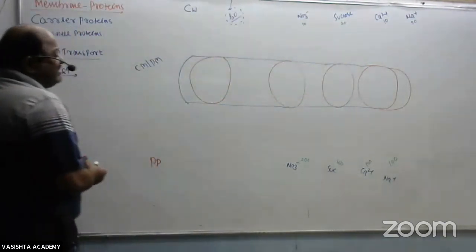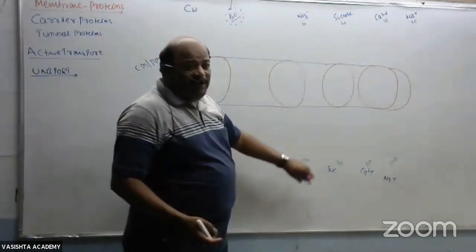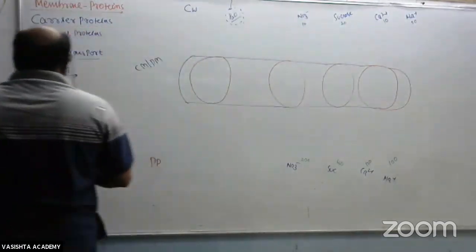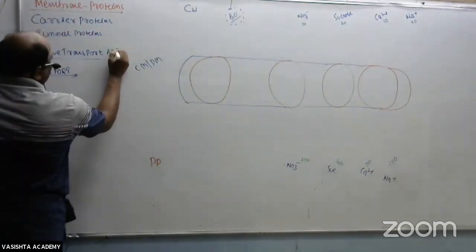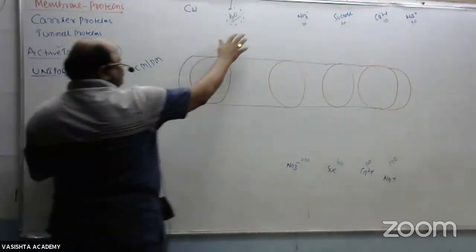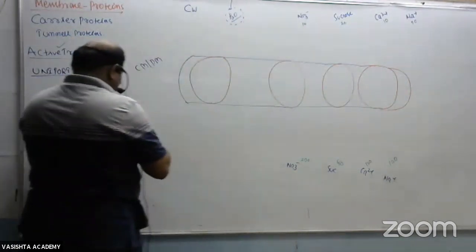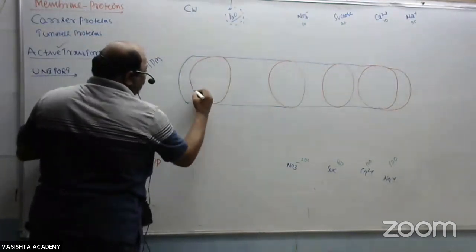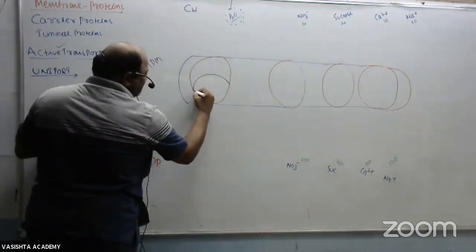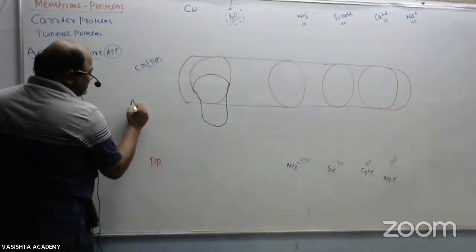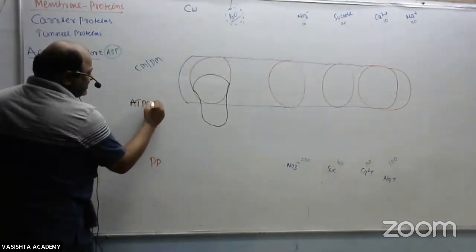So during this process, the movement of these ions takes place from low concentration to high concentration by utilizing ATP molecules. Hence the transport is active transport. So all this has to come inside the cell. During this process, one enzyme is involved. The enzyme which is involved is called ATPase.